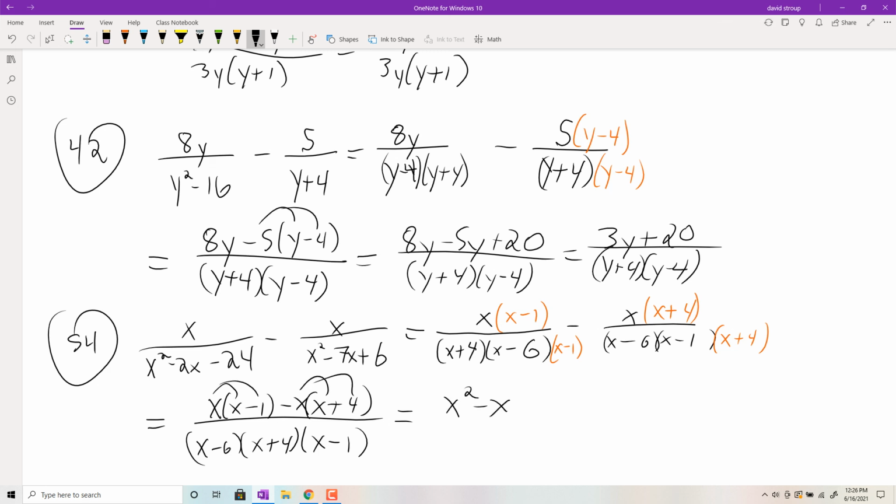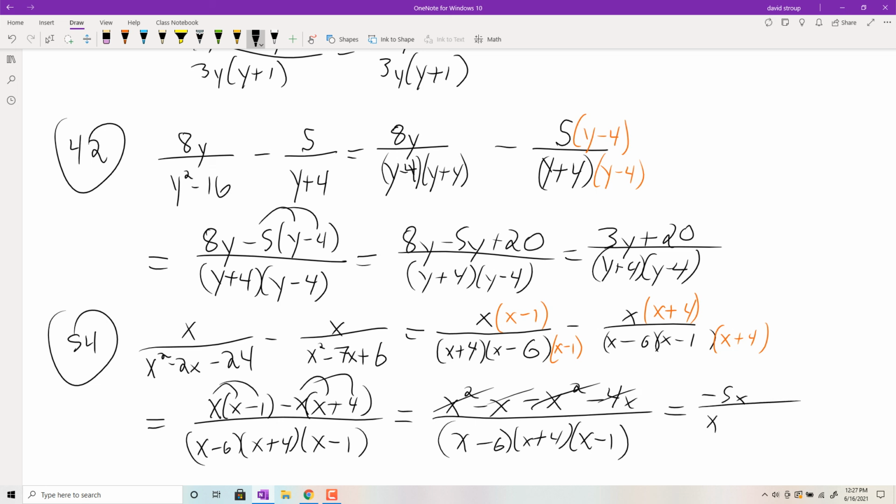Distribute the negative, x squared minus 4x, all over our common denominator. The x squareds are gone, so you have minus x minus 4x is minus 5x all over our common denominator.